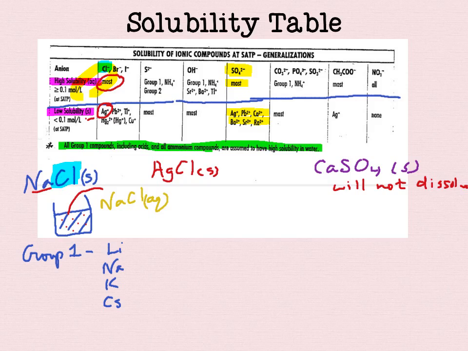Any of those ions with any compound, be it a nitrate or an acetate or a sulfite or a phosphate or a carbonate or a sulfate, hydroxide, sulfide, etc., it'll always be soluble. You never have to look it up.